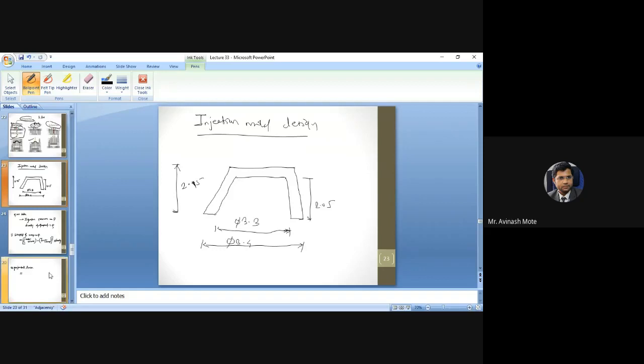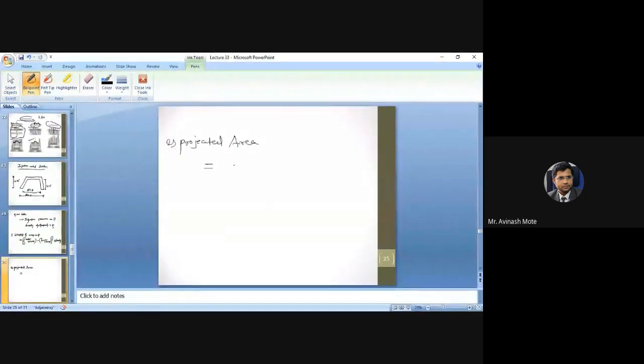I am calculating with respect to this example component. Being a circular one, here it will be pi/4 times d1 square for the larger one, or simply d square also you can write. This formulation will not be fixed; I am defining it with respect to this component. This area is defined for the circular cross section. If you have a square cross section, you will have the side square, so the projected area will be different.